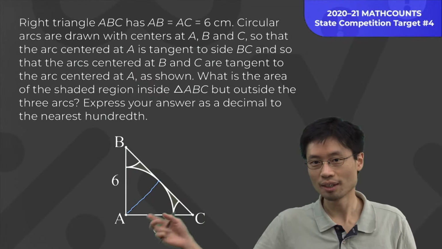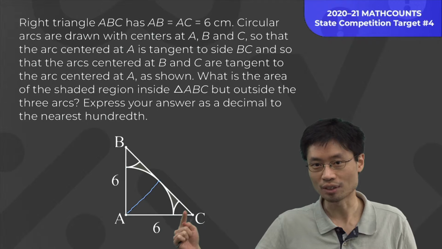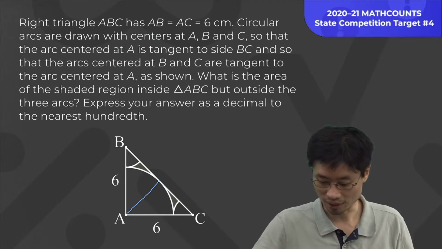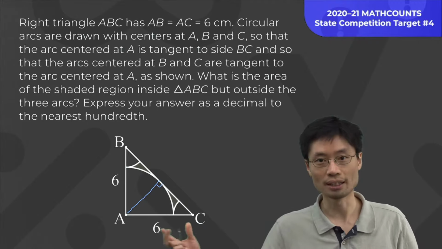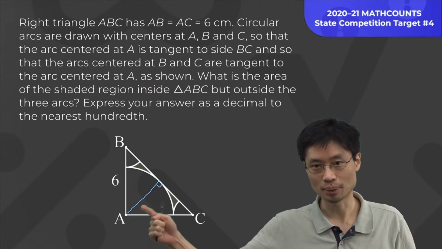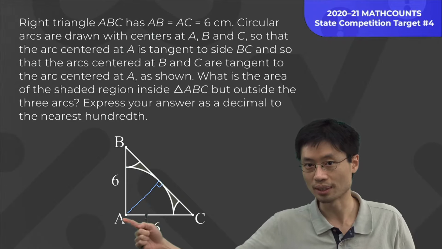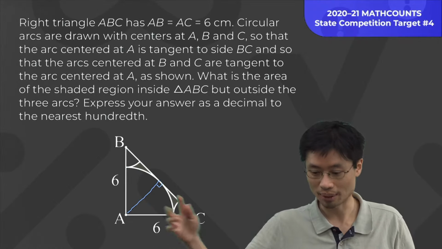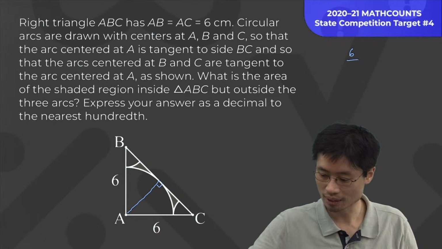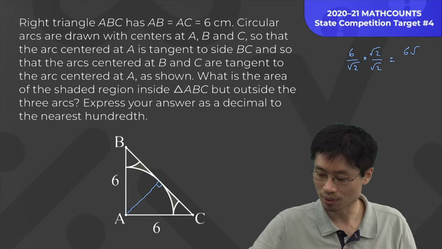Well, if this whole thing is 6, there's a 45-45-90 right triangle going on here. And so if this is 6, this piece is 6 divided by the square root of 2, because the ratio is this is square root of 2 and that's 1. So if I divide 6 by root 2, quick scratch work, multiply top and bottom by the same thing, and that's 6 root 2 over 2, which is 3 root 2.